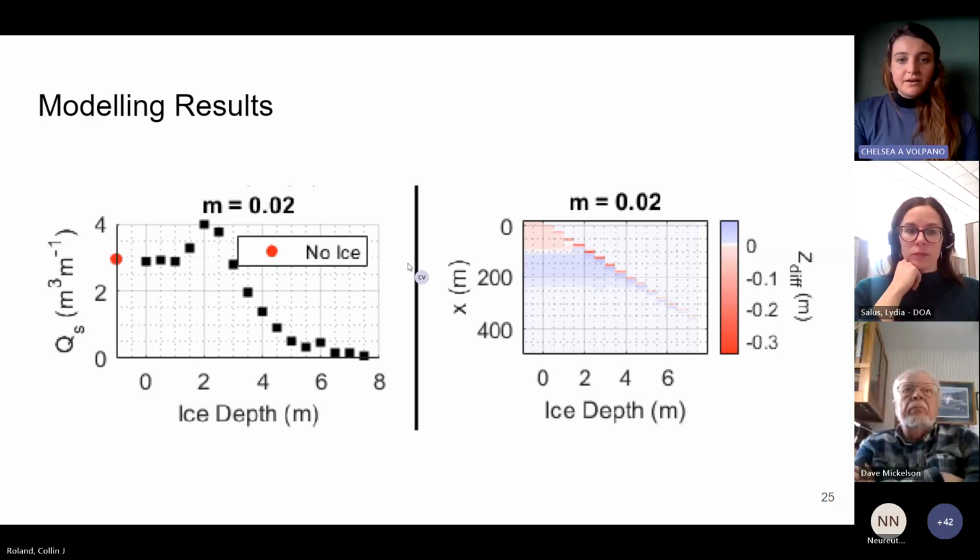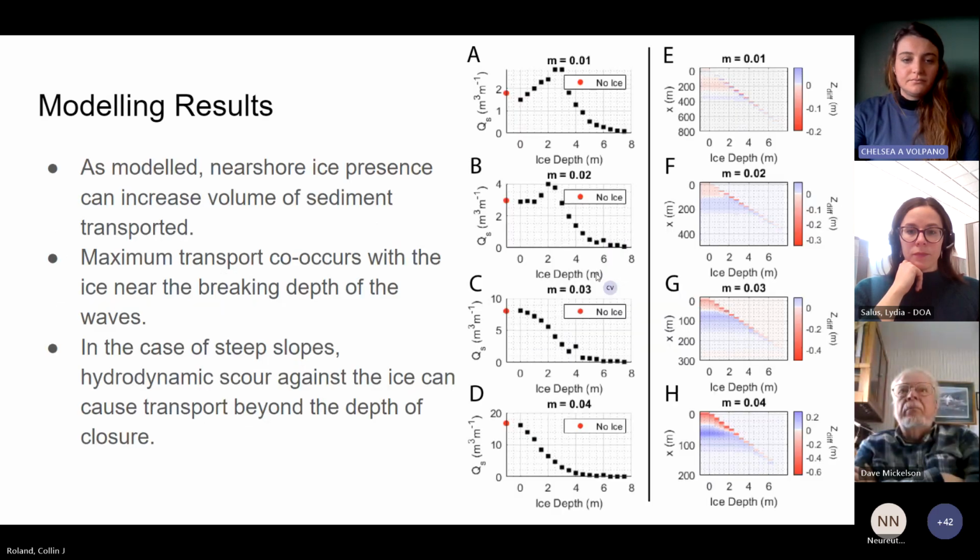On this other plot, we have a spectral representation. Each of these rows represents a model run at a certain ice depth, looking at things across the cross shore. We see erosion just adjacent to the ice and then a buildup of deposition adjacent to the bar.